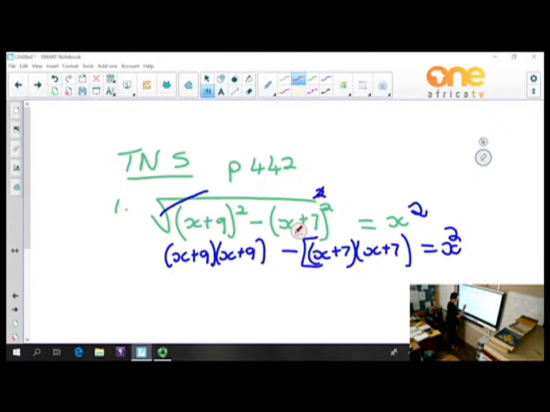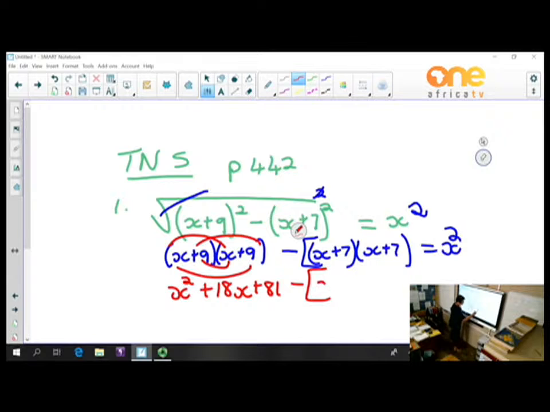Now here we multiply, first with the first, last with the last, inner, outer. Can you remember? So this is then x squared plus 18x plus 81 minus, I'm first going to deal with it here in the brackets, so it's x squared plus 14x plus 49, which is equal to x squared.